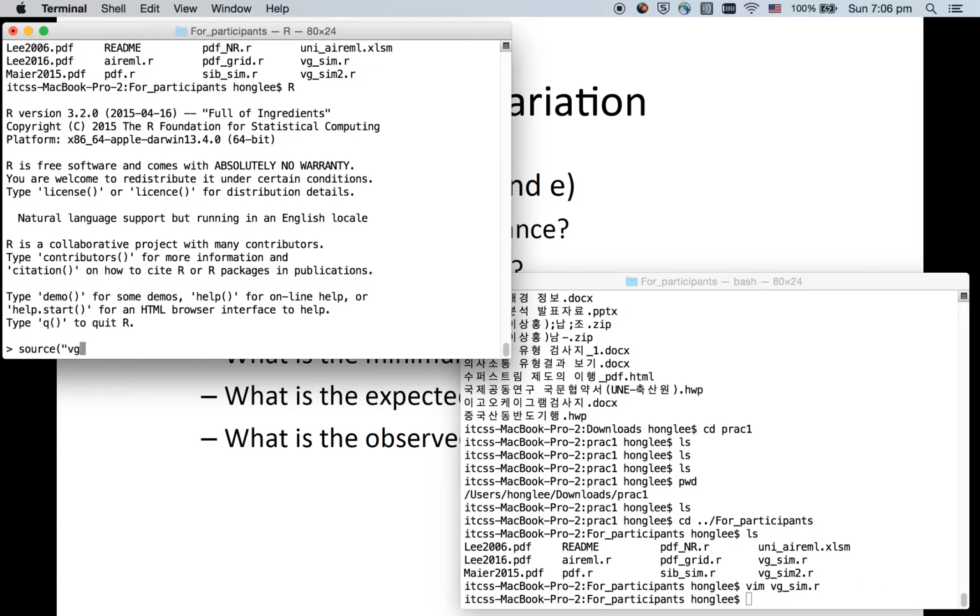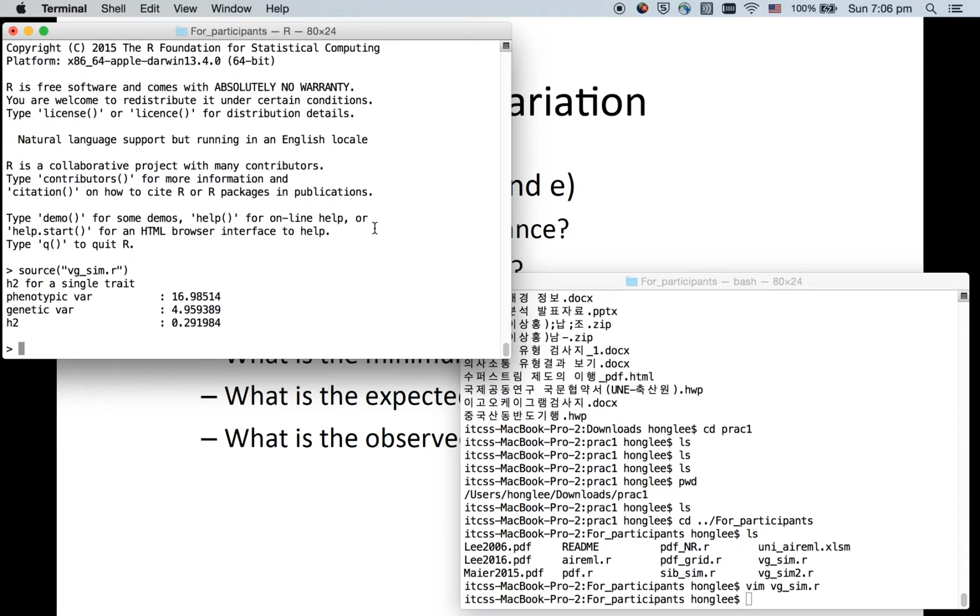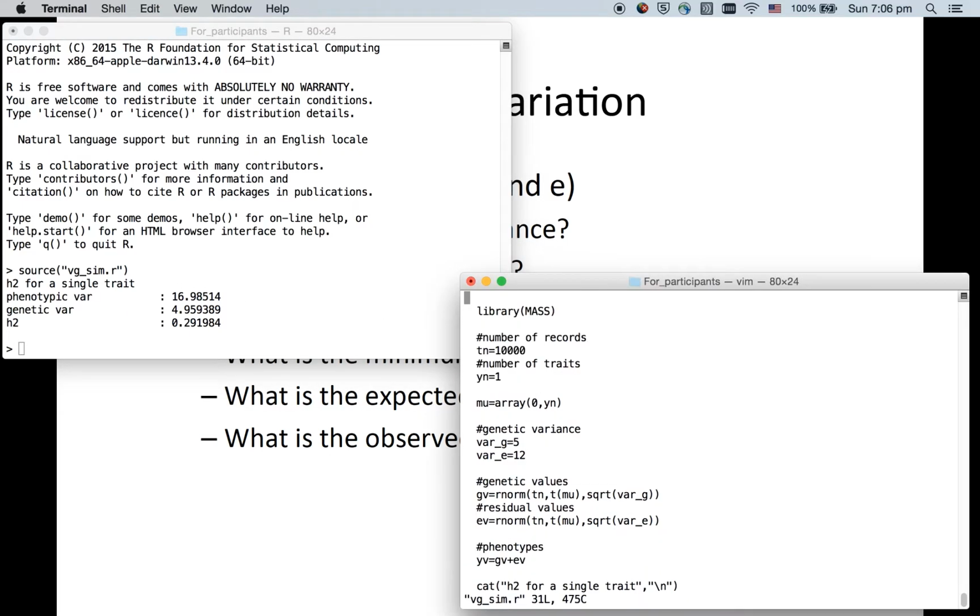We call VZ, and it runs. From one replicate based on this simulation code, the phenotypic variance is around 16.9, the genetic variance is around 5, and the heritability is around 0.291. So let's have a look at the questions.